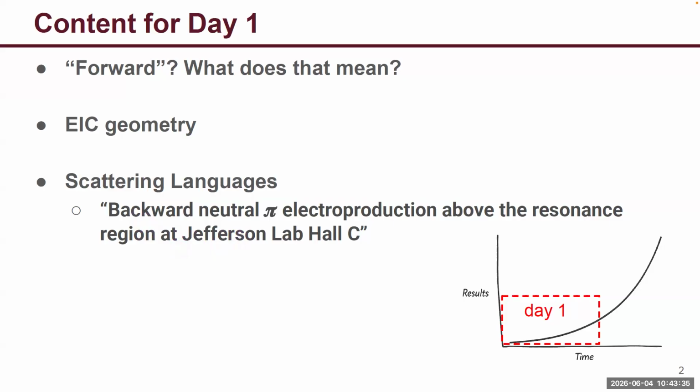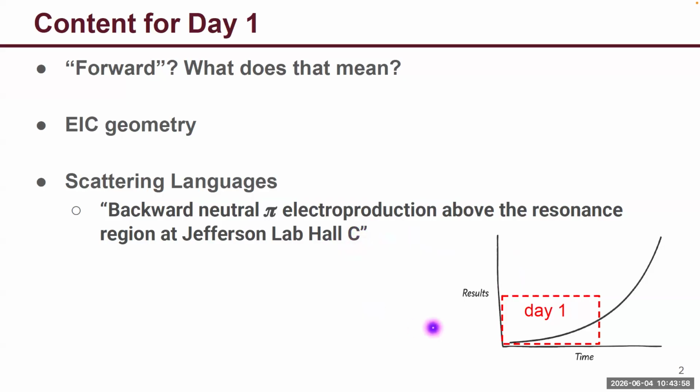So the second hope of my lecture from day one is that by the end of the lecture, you'll be able to parse this into the language of physics that you understand, and then you will look at this title again and it won't appear so encrypted.